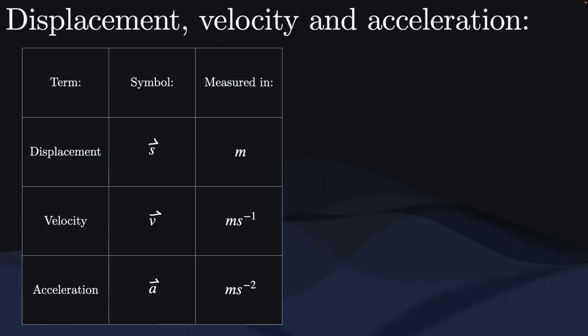Now, if you've done calculus, you'll be able to tell just by looking at what they're measured in that velocity is actually the derivative of displacement, and acceleration is the second derivative of displacement, or the derivative of velocity. And if you haven't done calculus yet, I really urge you to look up online, do a little bit of basic calculus just to know what this means.